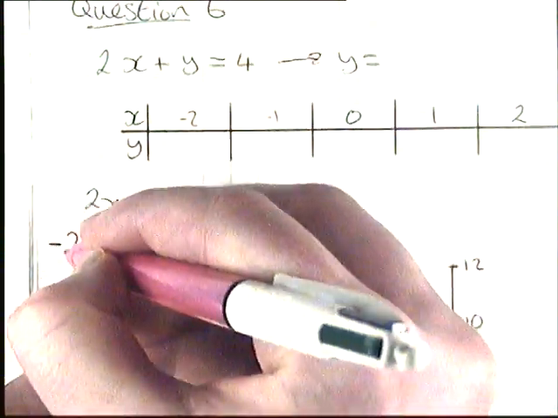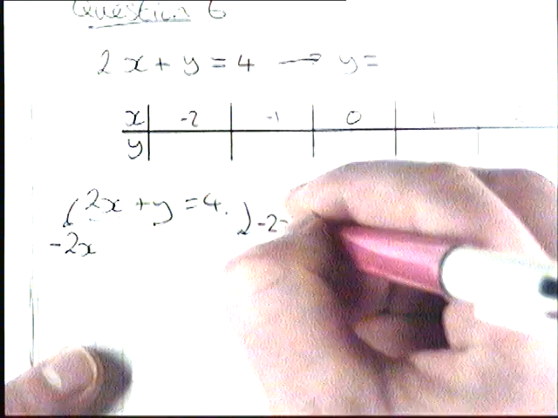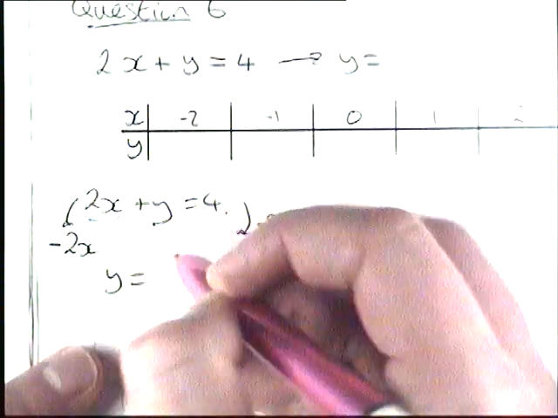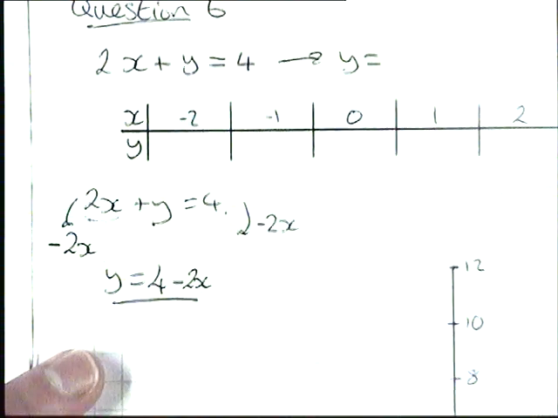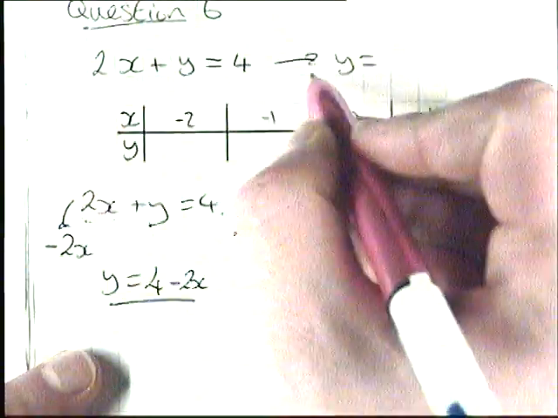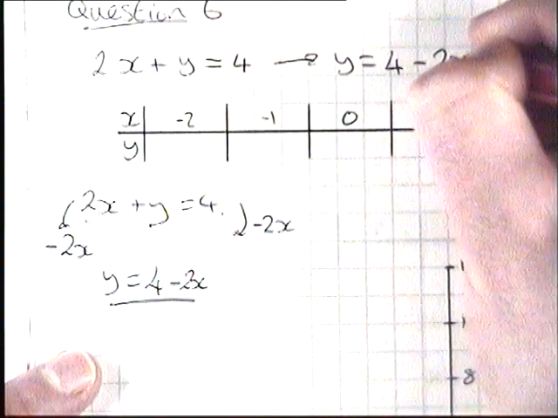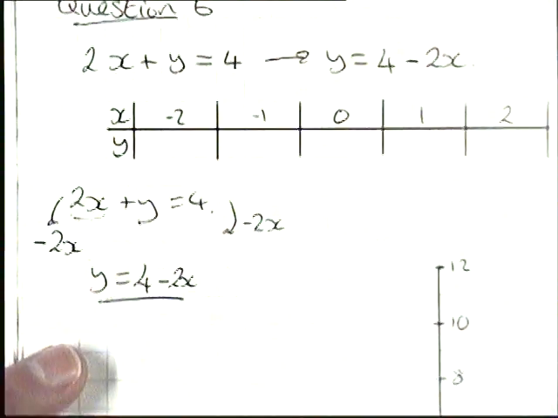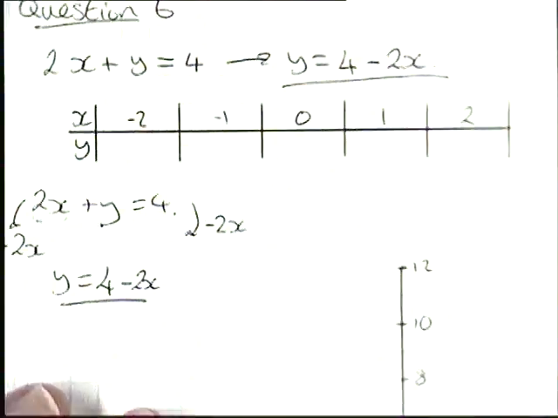So we're going to subtract 2x from both sides. So that's going to leave us with y equals 4 minus 2x. So we can rewrite our equation as y equals 4 minus 2x. And this is now going to become the equation that we're going to use.